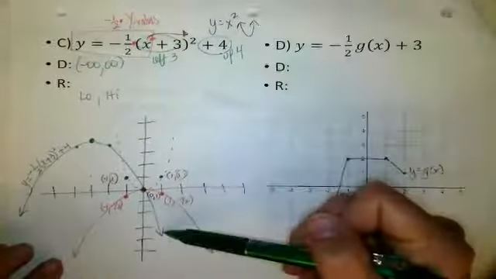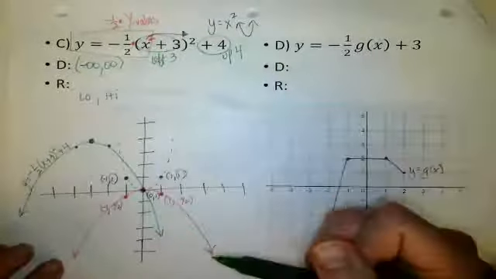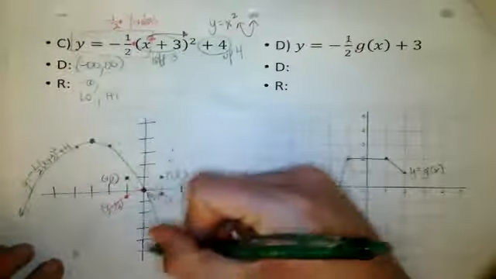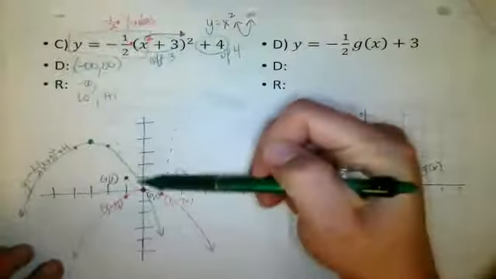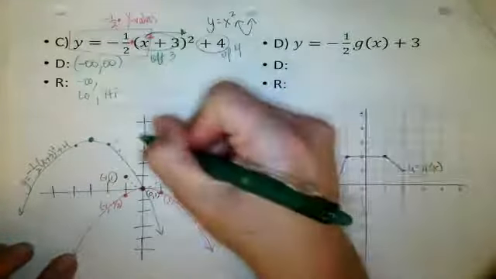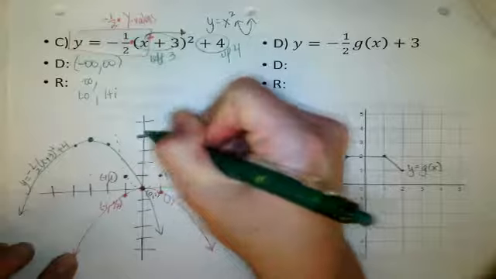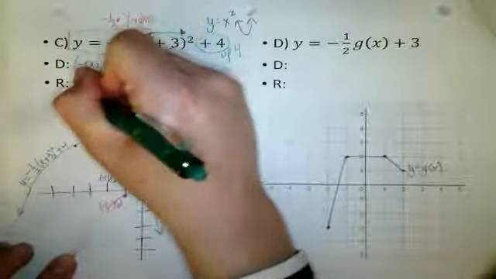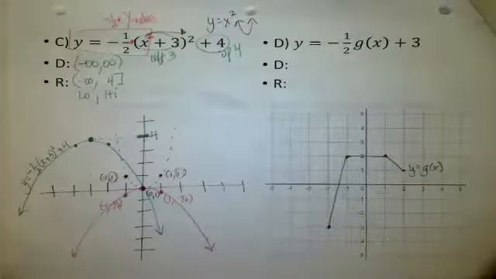What's our lowest y value? Negative infinity, very good. What's our highest y value? 4. Right there. 4 is our highest y value, so it goes all the way up to 4. We've got a nice bracket there, parenthesis on the infinity.